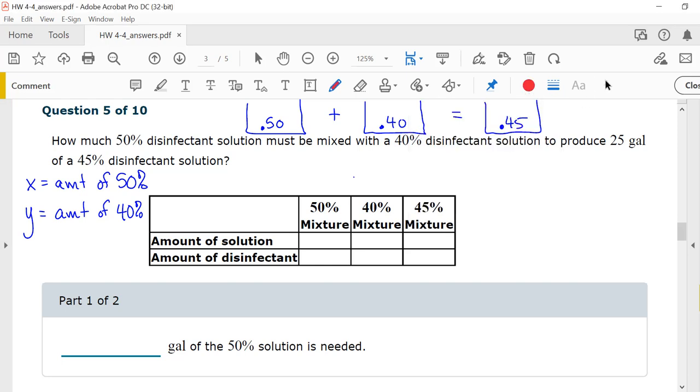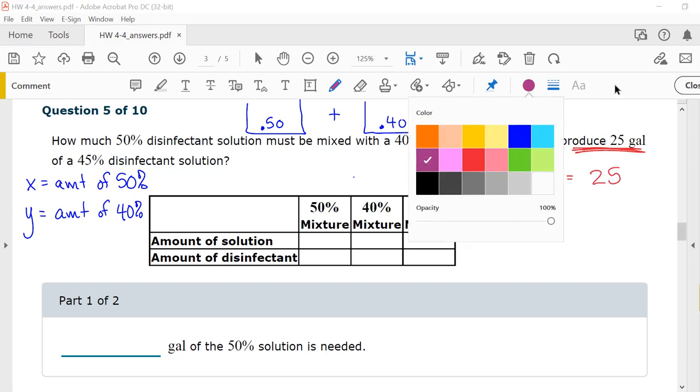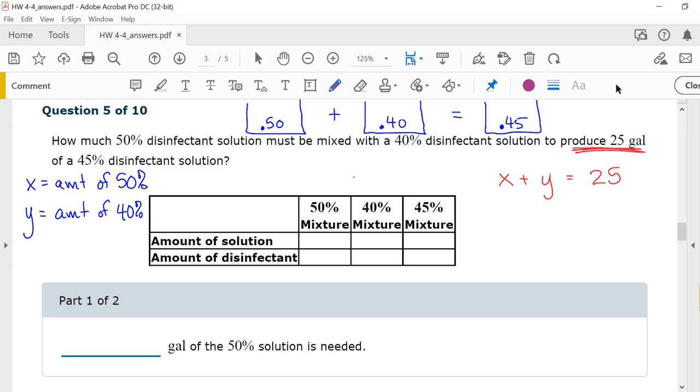You want to produce a total of 25 gallons. So X plus Y needs to equal 25. For the second equation, 50% solution times that many gallons plus 40% solution times that many gallons will equal a 45% solution with 25 gallons.